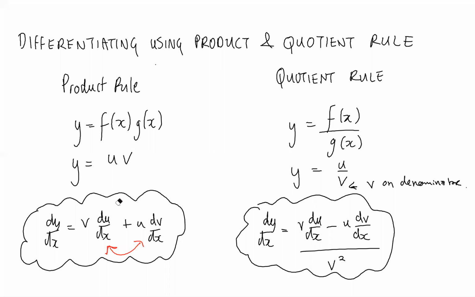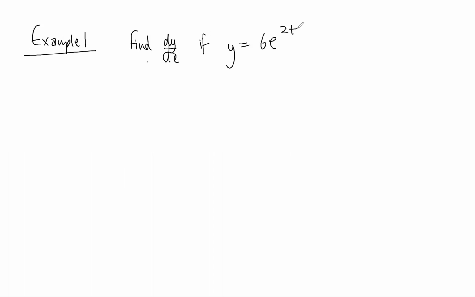Okay, so let's do a couple of examples. Example 1: find dy by dx if y equals 6e to the 2t sine 4t. We're doing dy by dt here rather than dy by dx. Okay, so this is the product rule.